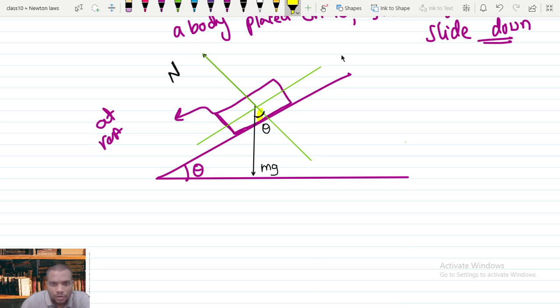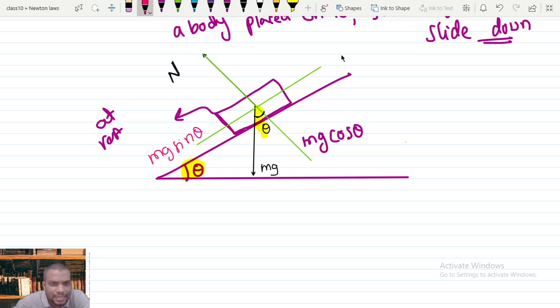These two angles which I am highlighting are the same angle theta. However much you increase the inclined plane angle, the weight mg tilts that much. Now mg is resolved into components. A vector is resolved into two components, a horizontal component and a vertical component. Since theta is the angle made with the horizontal, this is mg cos theta, and the other component is mg sin theta.